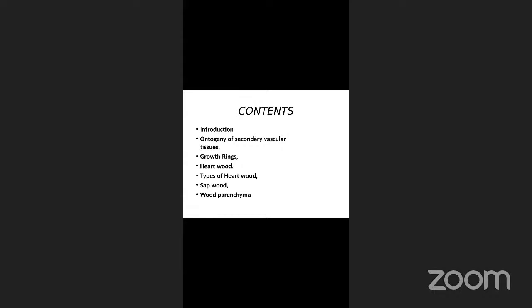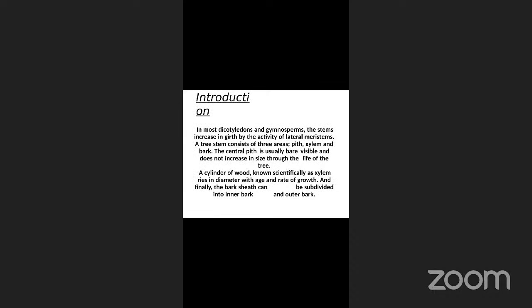The central pith is usually visible and does not increase in size through the life of the tree. The new wood and inner bark is added each year by the activity of a layer of dividing cells.